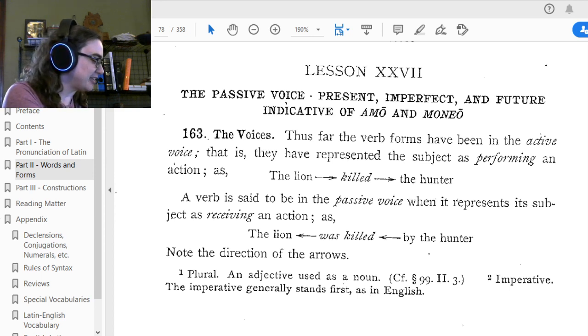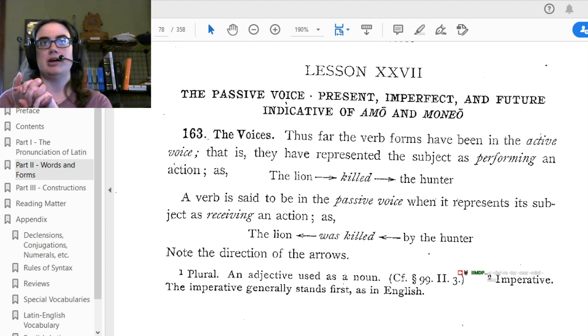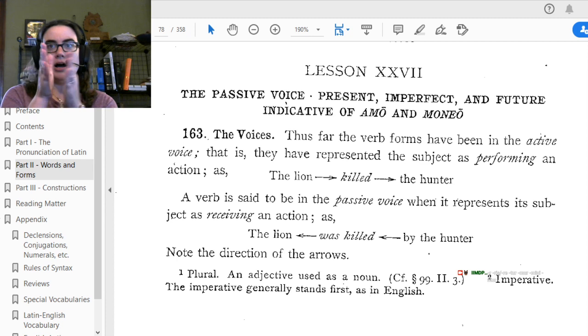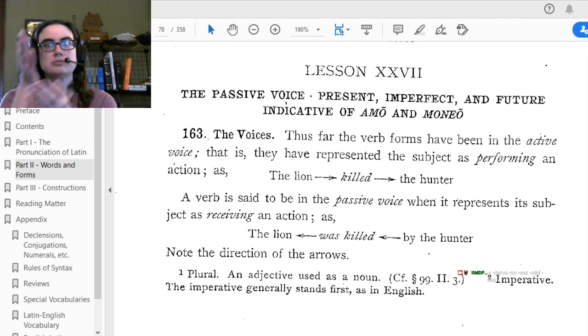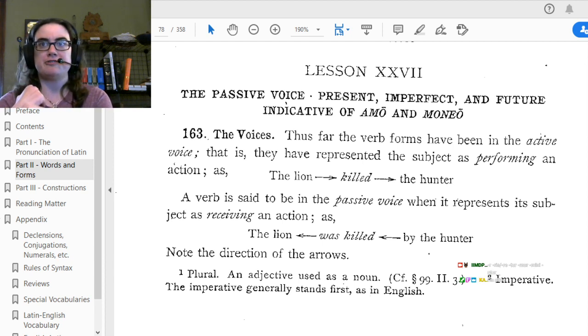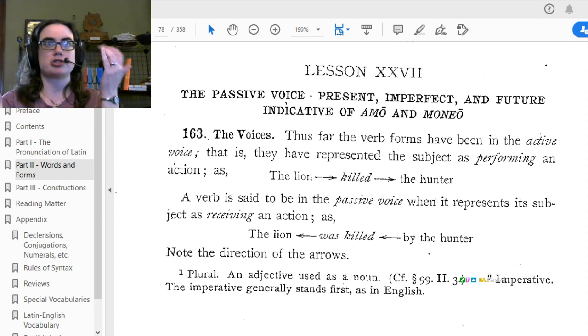And for the sake of clarity, r, ris, re, tur, mur, mini, ntur is how the endings look for the passive in Latin. When I say it, I just say r, ris, tur, mur, mini, ntur. I did put the re as an alternative for the second singular. That's just personal choice.